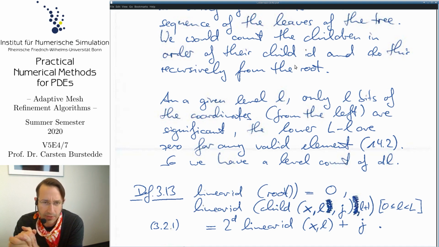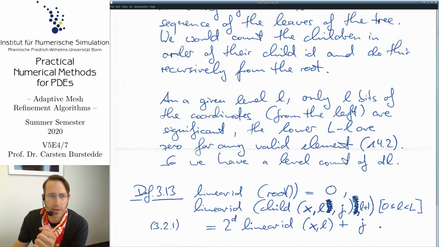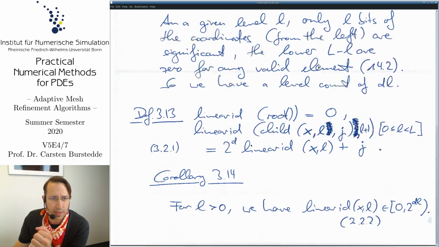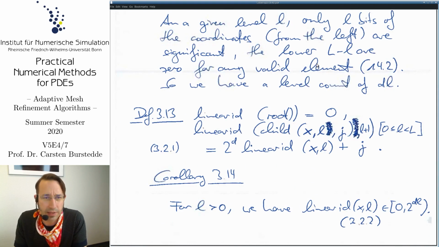So on some level we have a count of d times little l. We would construct this number recursively by the following definition. We have a function that we call linear ID, and at the root we just call it 0.